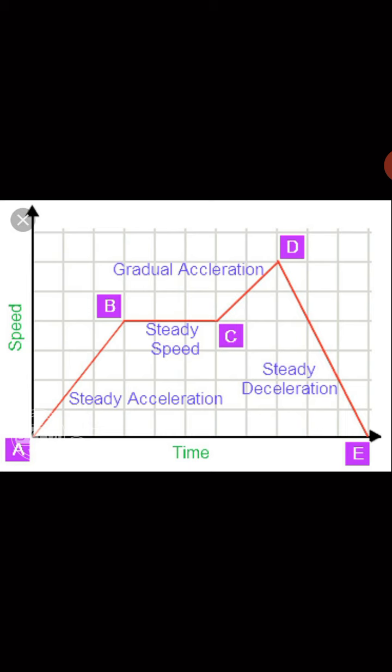So AB is steady acceleration, while line CD is gradual acceleration. And then after point D, the graph line is moving downwards and reaching point E. Downwards means the acceleration is decreasing, and the word given for it is deceleration. So line DE denotes deceleration.